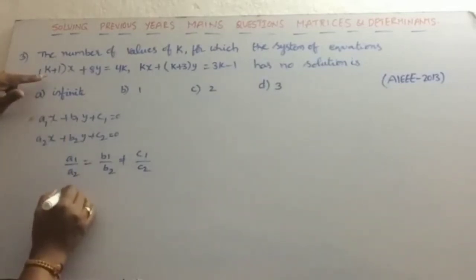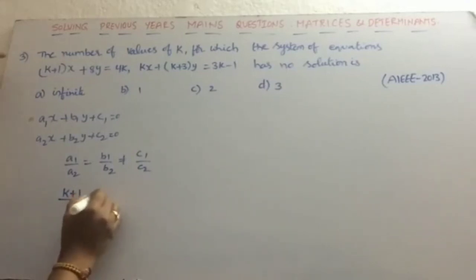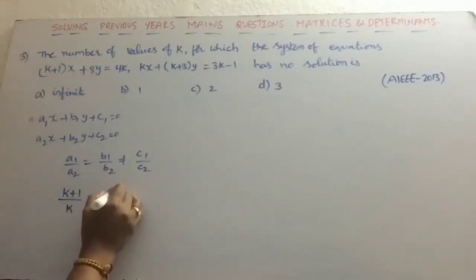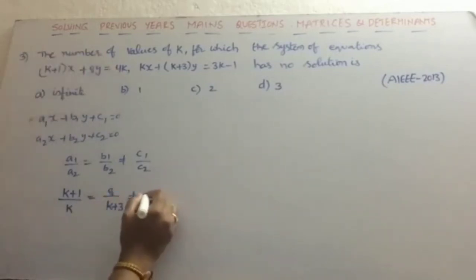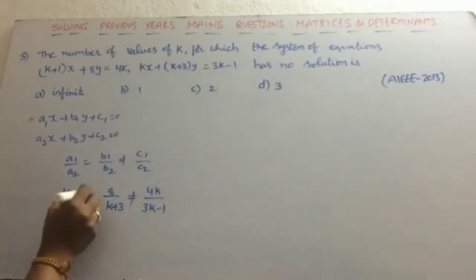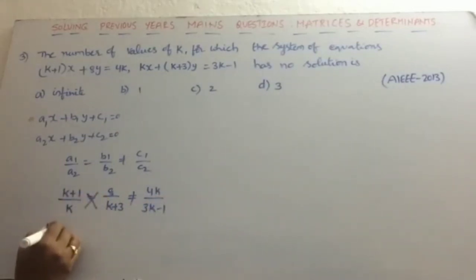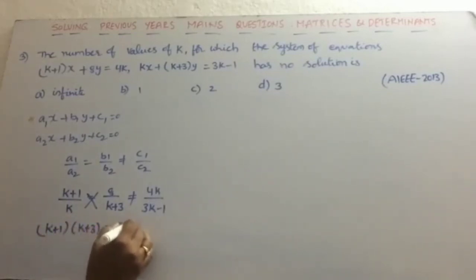Then a1 by a2 is (k plus 1) by k equal to 8 by (k plus 3), which is not equal to 4k by (3k minus 1). Now we will cross multiply the first two. So (k plus 1)(k plus 3) equals 8k.